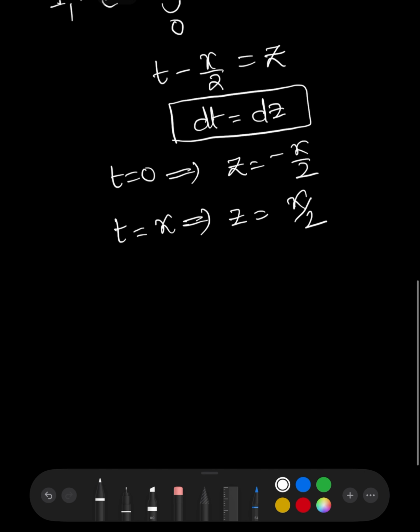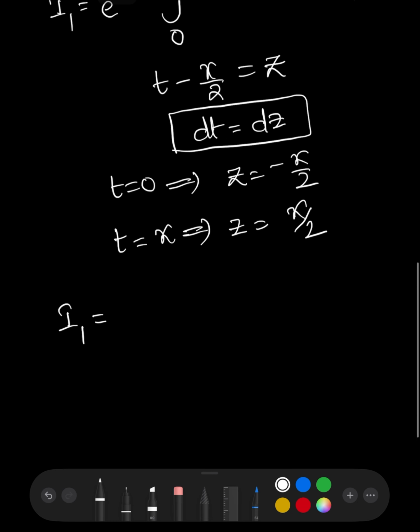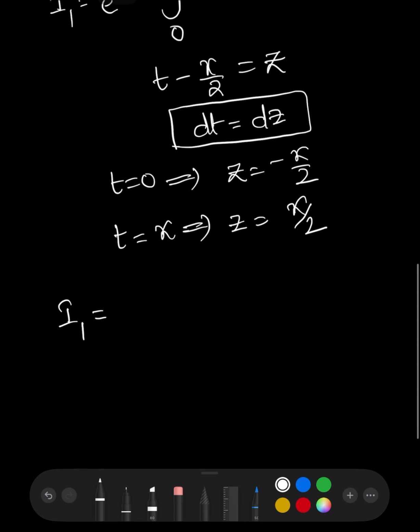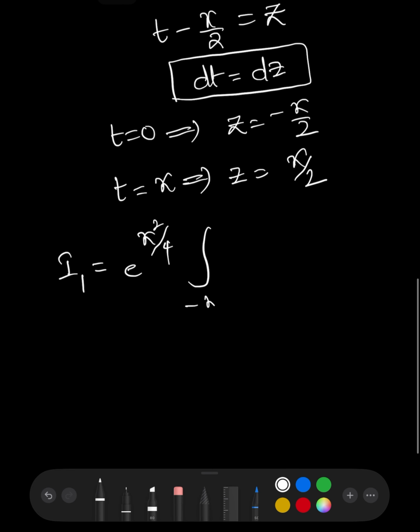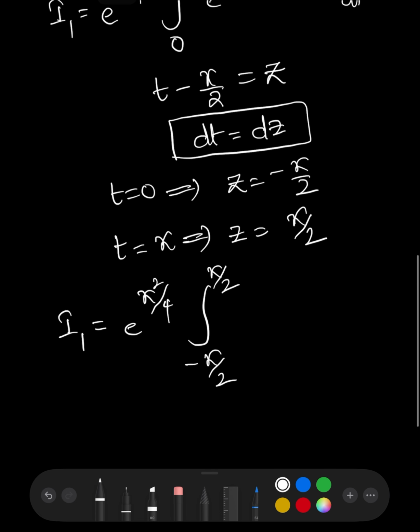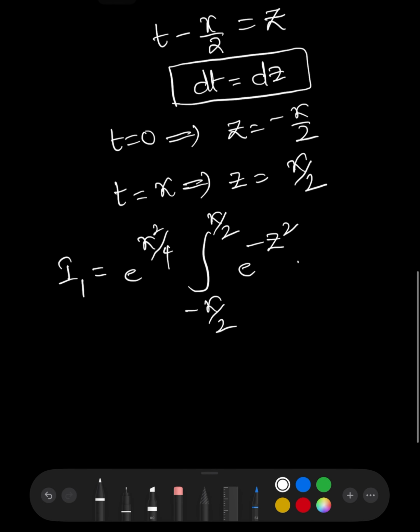So now we can write I1 = e^(x²/4) times the integral from -x/2 to x/2 of e^(-z²) dz. This will be I1.